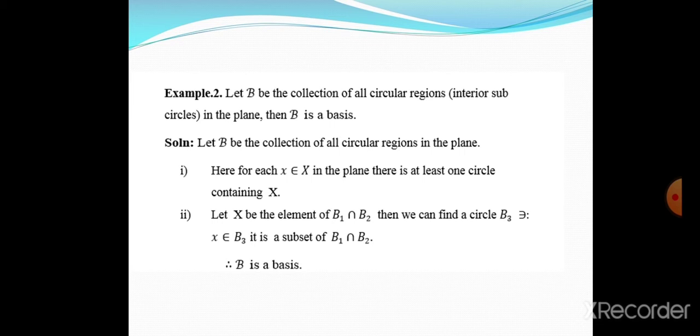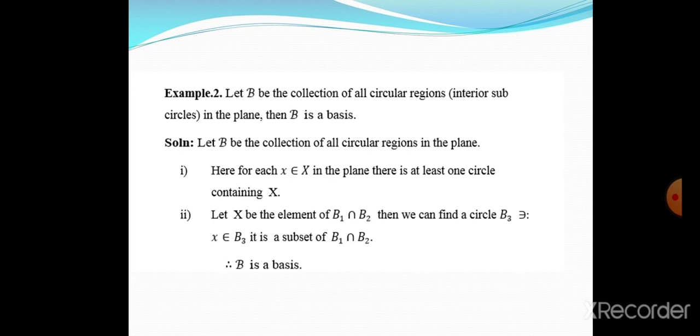What is the second condition? x belongs to B3, which is a subset of B1 intersection B2. So let x be an element of B1 intersection B2.